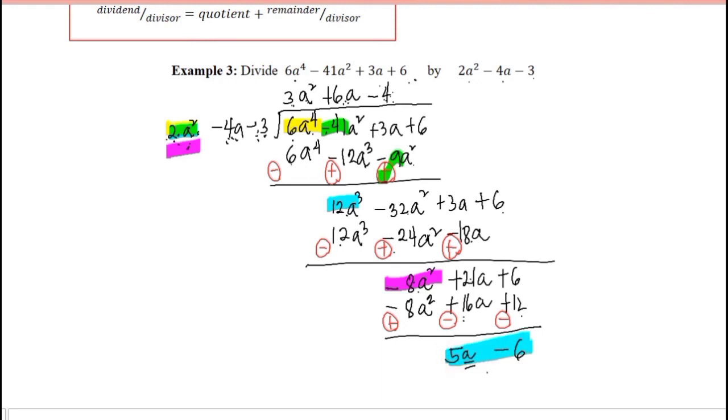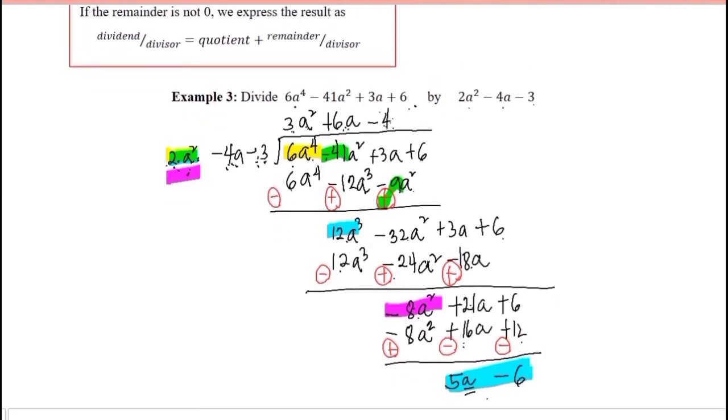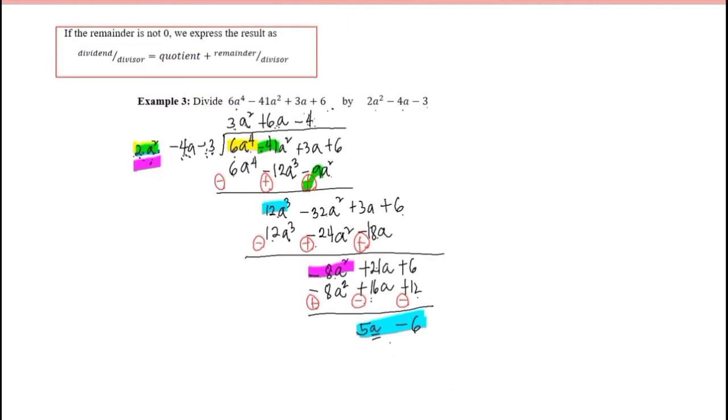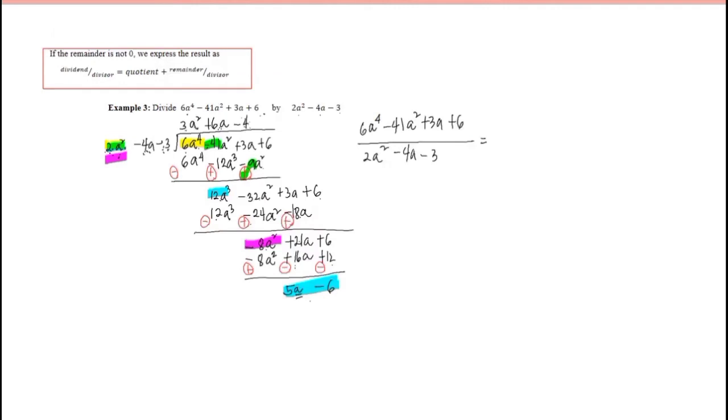So, anong sabi dito? Sabi niya, if we have the remainder, since we divided 6a to the 4th minus 41a squared plus 3a plus 6 by 2a squared minus 4a minus 3, our answer here is this, wherein yun yung quotient natin.